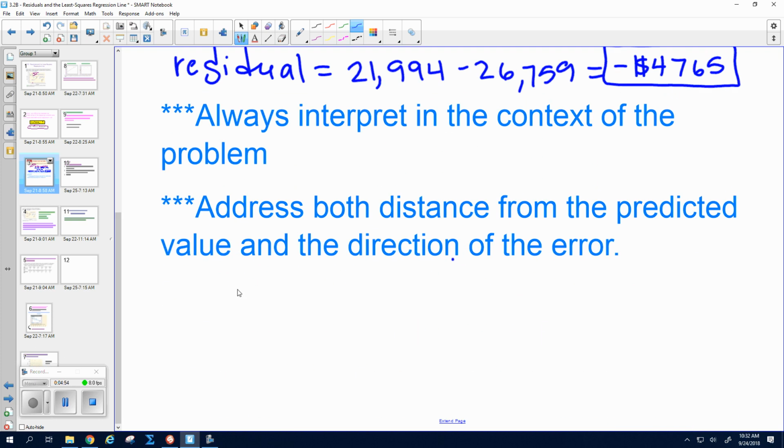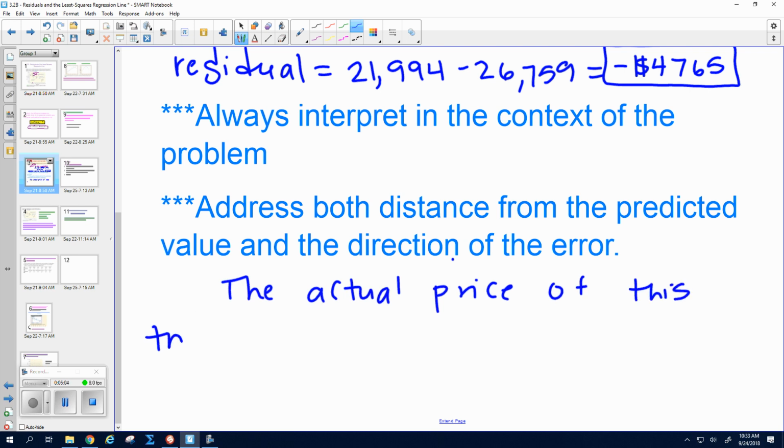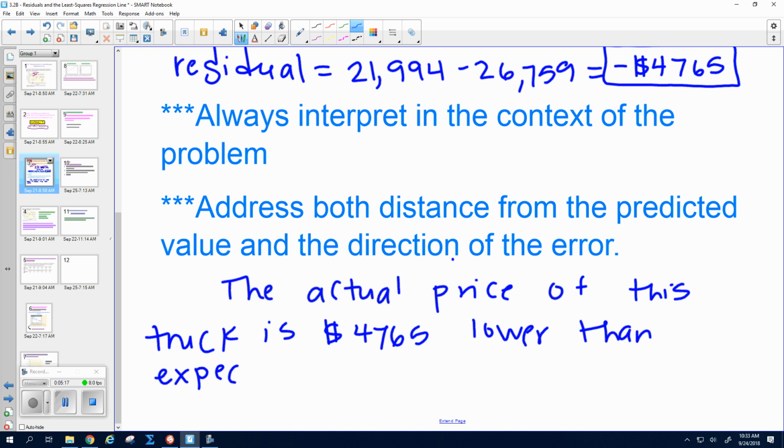So we're going to write that down. The actual price of this truck is $4,765 lower than expected based on its mileage.